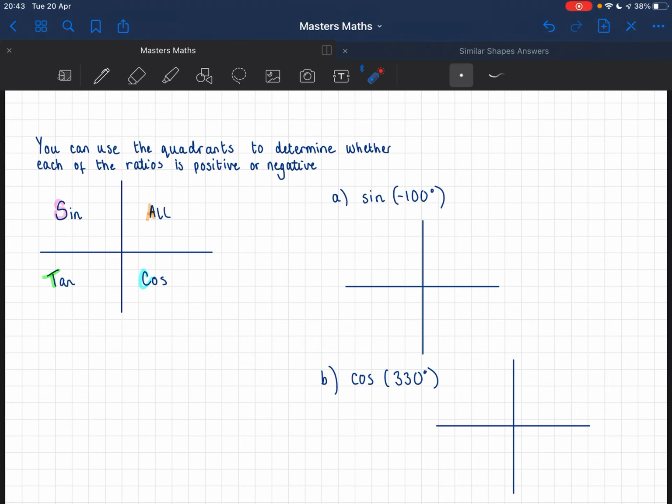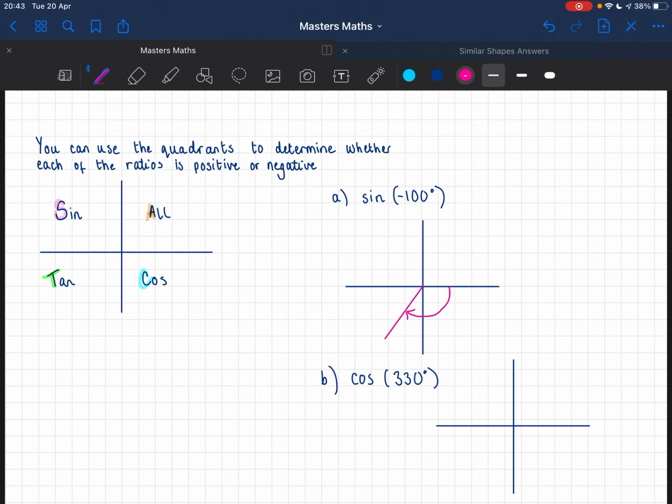So 100 degrees, I might use a pen. We're starting at the positive x, and we're going clockwise because it's negative, and we're going 100 degrees, so we are ending up in the third quadrant there, so in the tan quadrant.